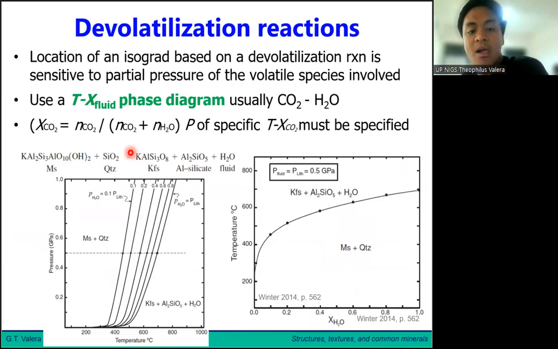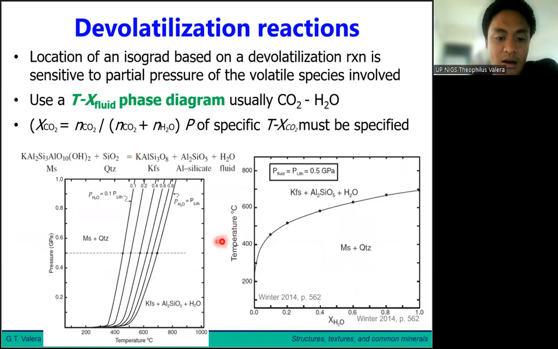that is involved. For example, ito yung, this is a PT diagram, this is a TX diagram. It basically tells you the same thing. This TX diagram is a slice of the temperature of the curve. Muscovite plus quartz equals KFS, alkali feldspar, aluminum silicate plus water, set at P equals 0.5 gigapascal, right?